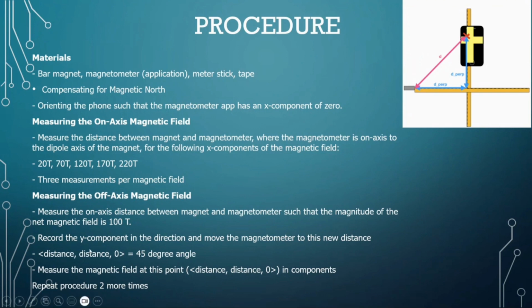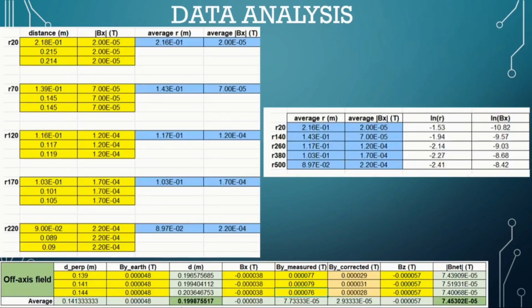The new distance is at a 45-degree angle with the x and y components and a z component equal to 0. Then we're measuring the magnetic field at this point in components, and we're also repeating this procedure 2 times.